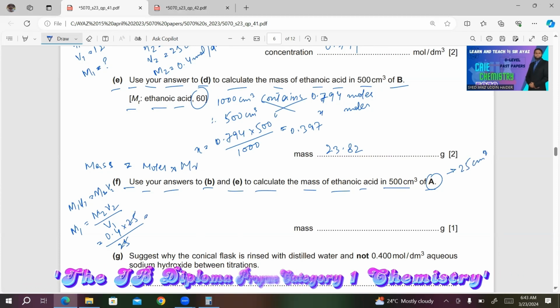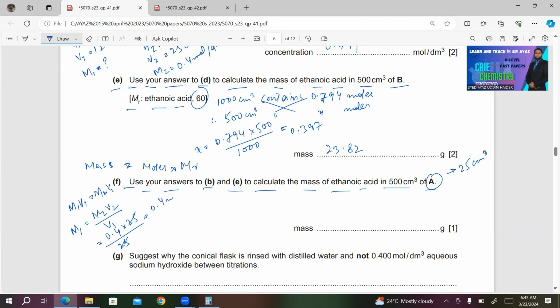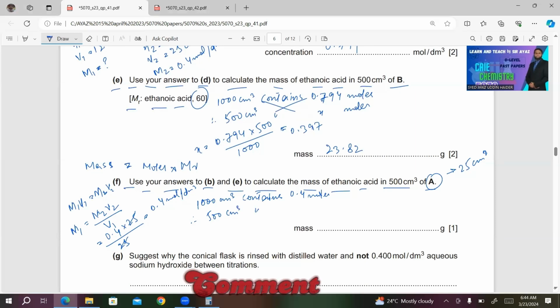So the concentration is 0.4 mole per dm cube, which means 1000 cm cube contains 0.4 moles. Therefore, 500 cm cube contains X moles.